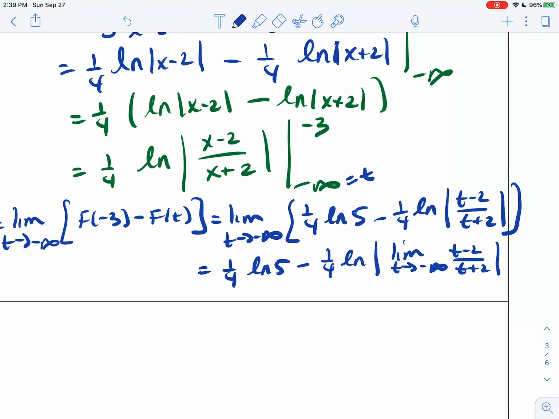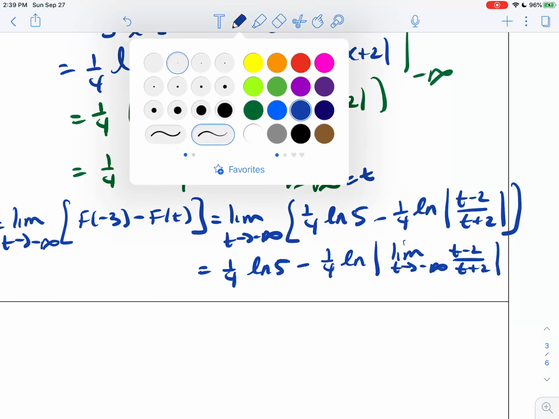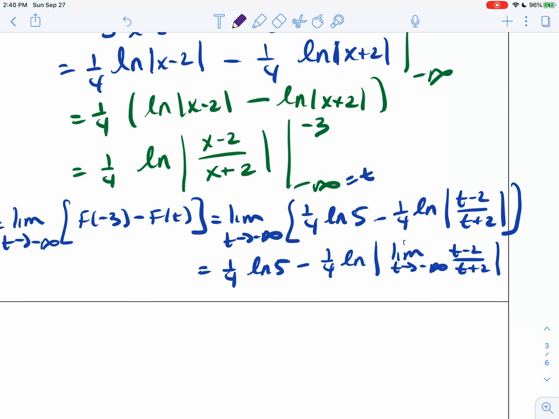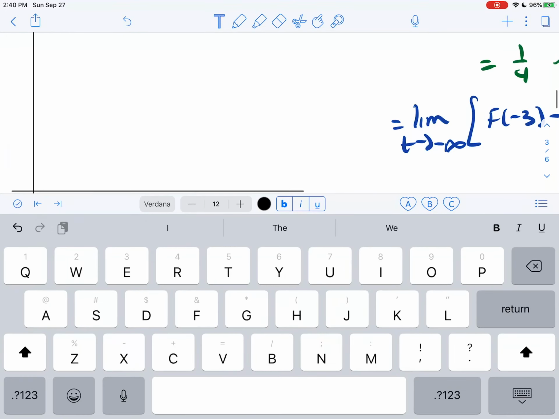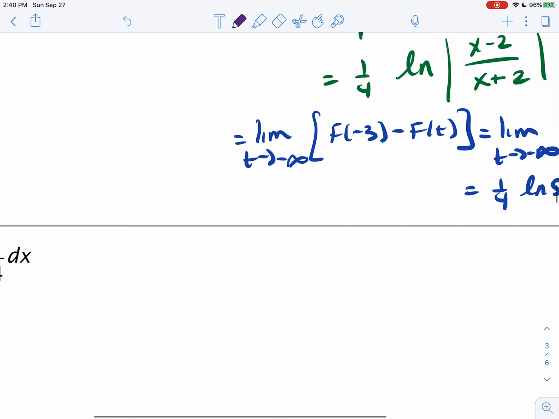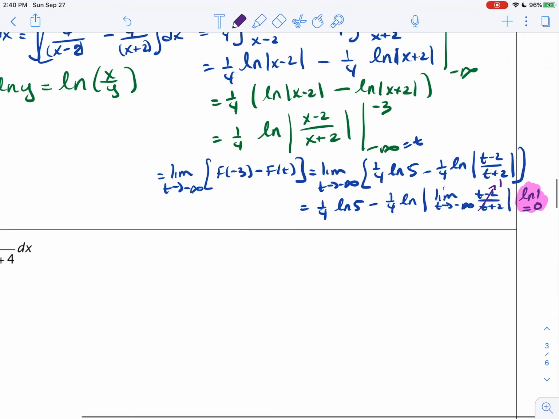You can perform L'Hopital's rule on that because you get infinity over infinity, or you can factor out the highest power, but we see that it is going to 1, and we know that the ln of 1 is equal to 0. And so we end up with the value of this integral being 1/4 ln of 5.